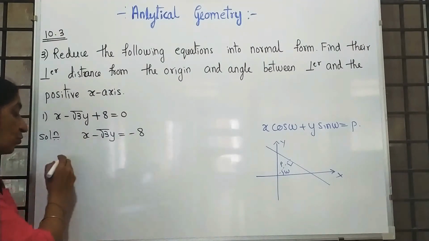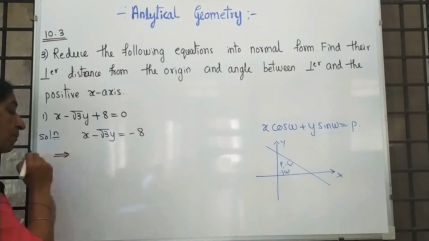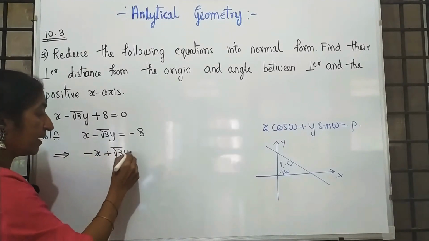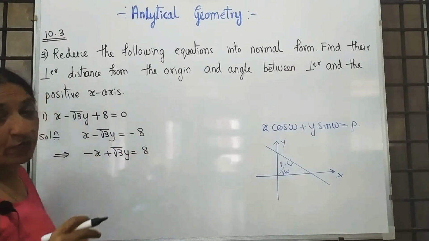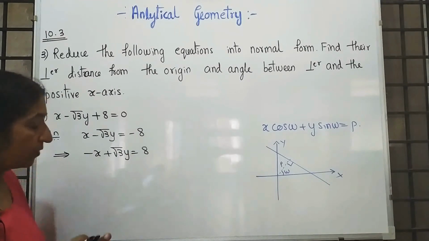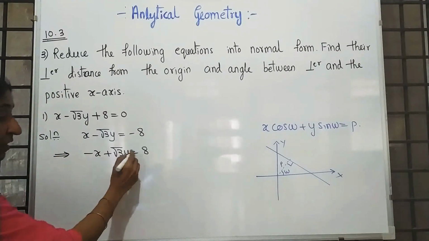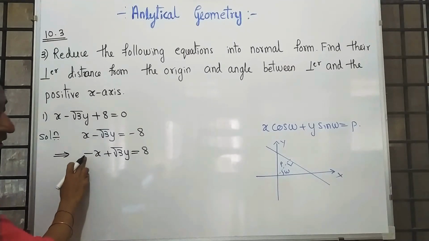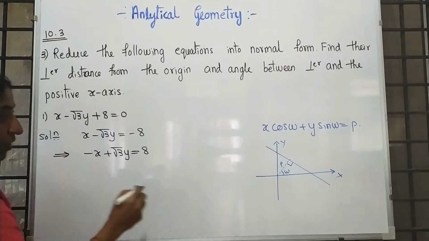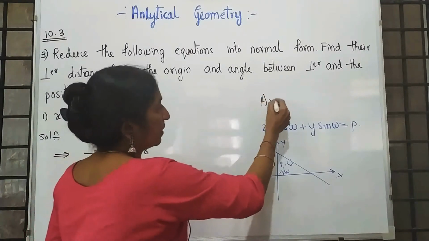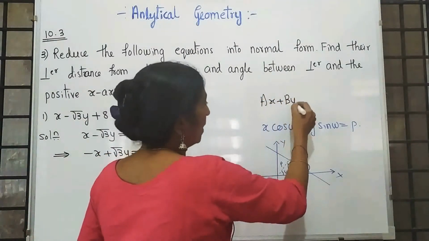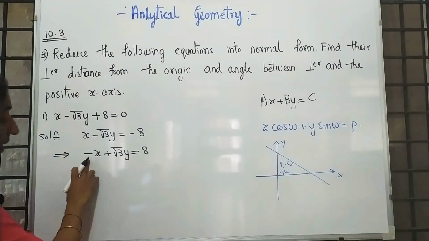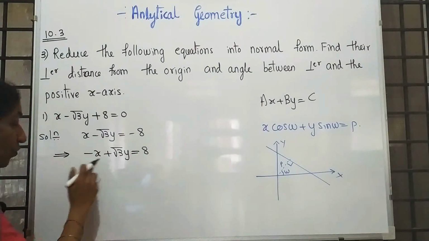That means multiply the whole equation by minus 1, because the constant should always be positive. After that, the x coefficient we take as capital A and the y coefficient as B, because it is in the form of ax plus by is equal to c. Now what is A? Here A is minus 1, B is root 3.